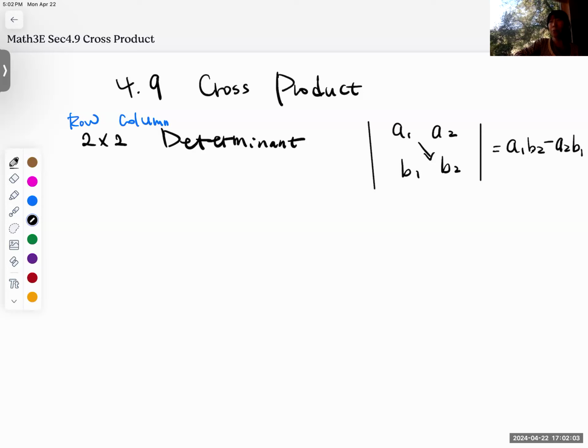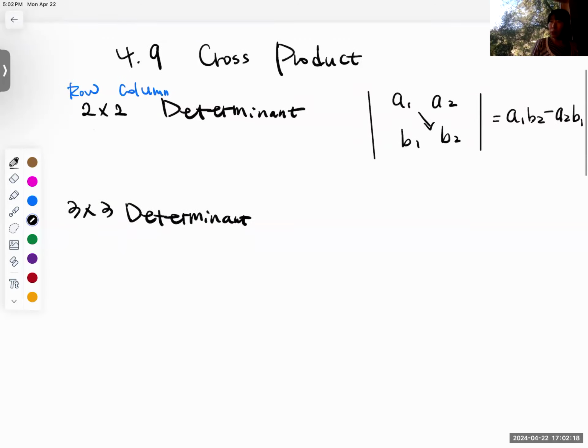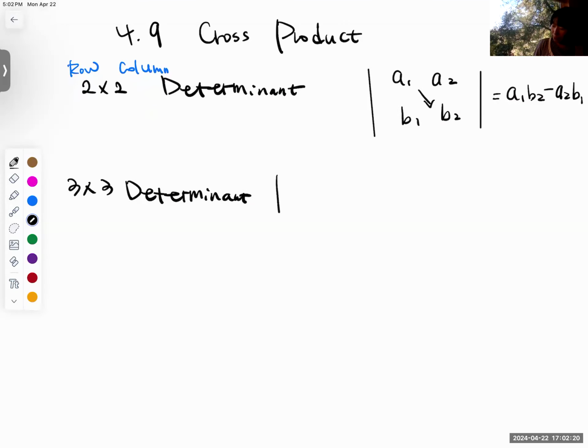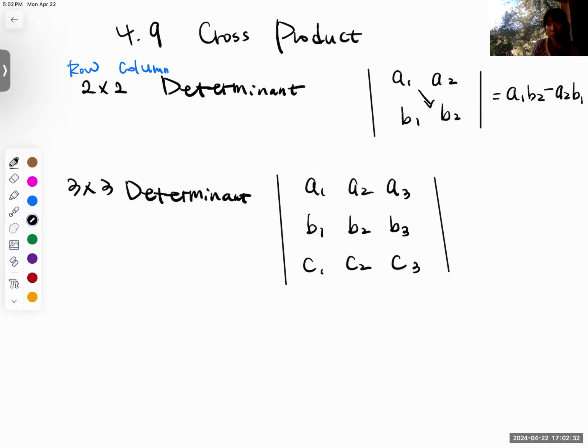Okay, how about a 3 by 3 determinant? So this one we can express as a sub 1, a sub 2, a sub 3, and b sub 1, b sub 2, b sub 3, c sub 1, c sub 2, c sub 3.